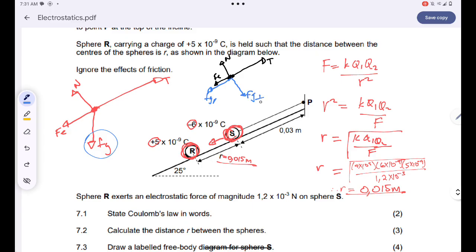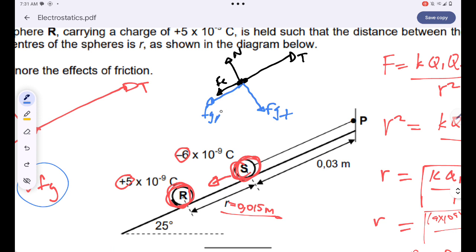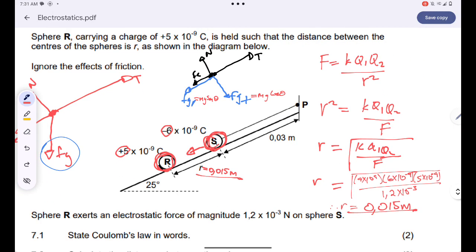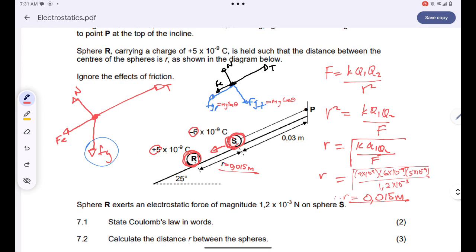Are you together? Please, guys, remember that Fg parallel is always equal to mg sine theta. Fg perpendicular is always equal to mg cos theta. So that's how, guys, you can draw a free body diagram. You can draw it like this or like this.